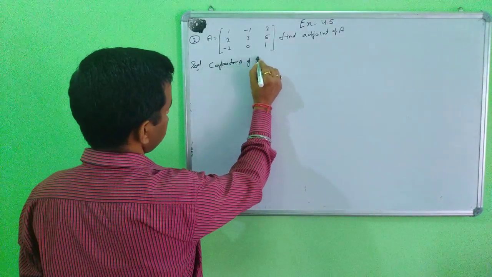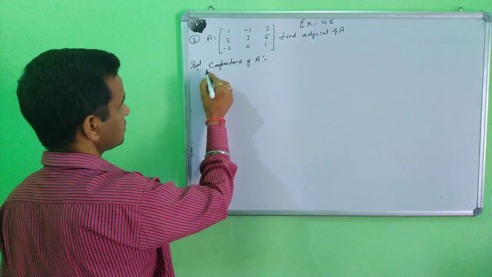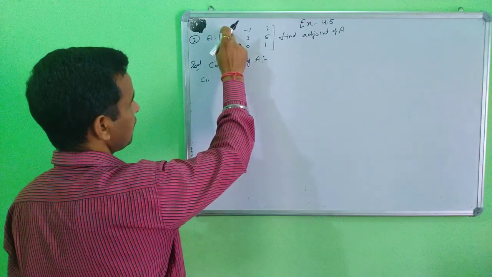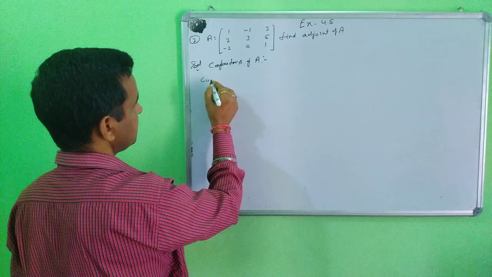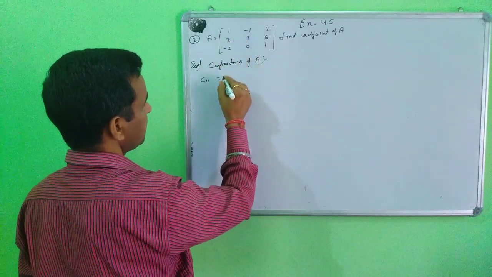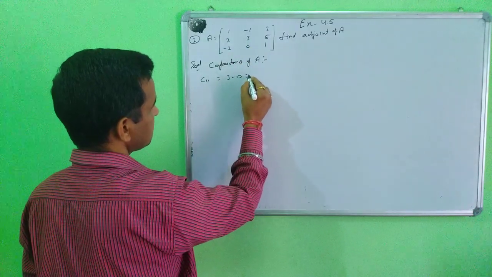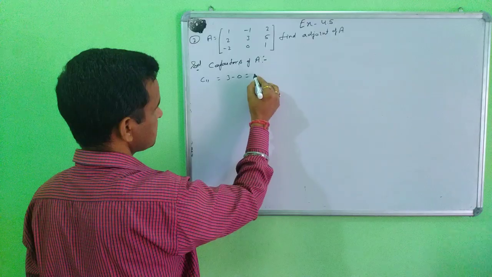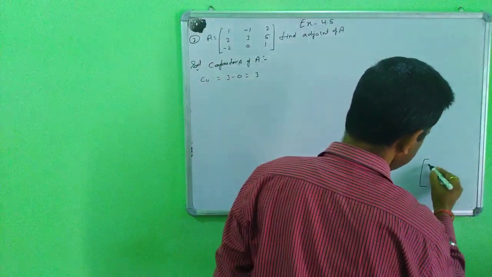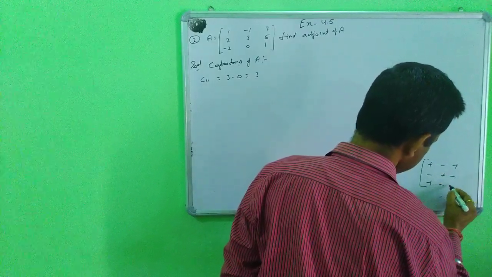Cofactors of A, expanding along rows. First row: this is C11, the cofactor of the first row. For C11, the first row and first column are hidden. 3 times 1 is 3, minus 0, so we get plus 3. First make this sign table: plus minus plus, minus plus minus, plus minus plus.